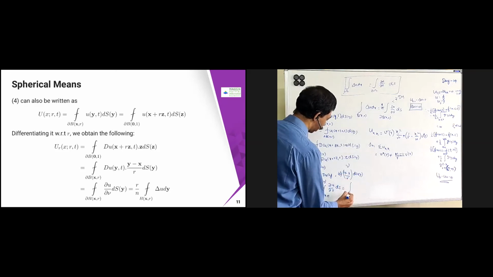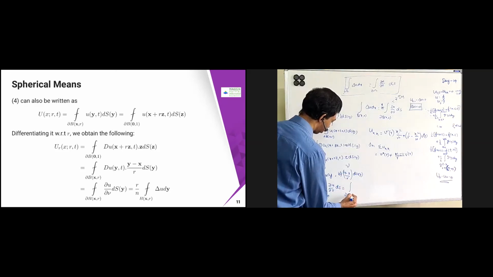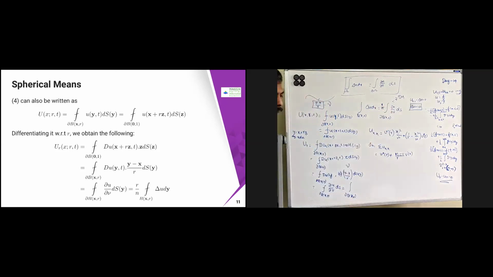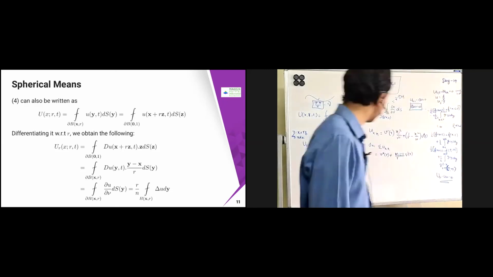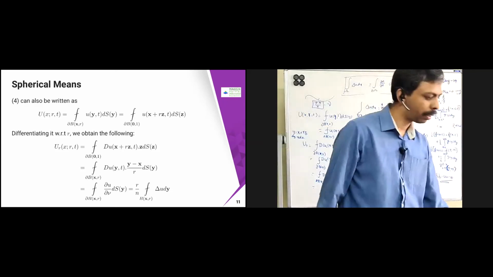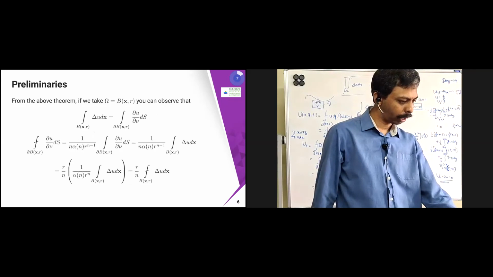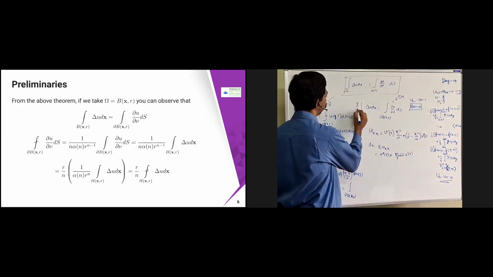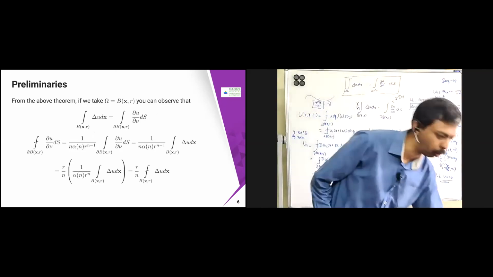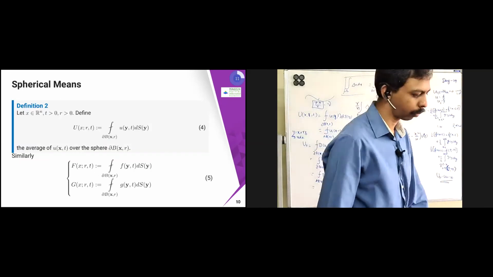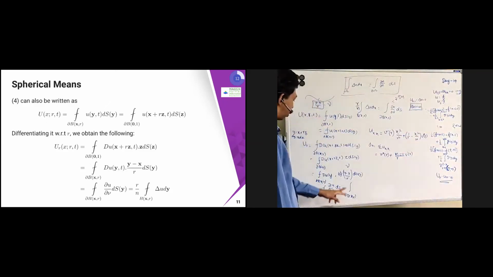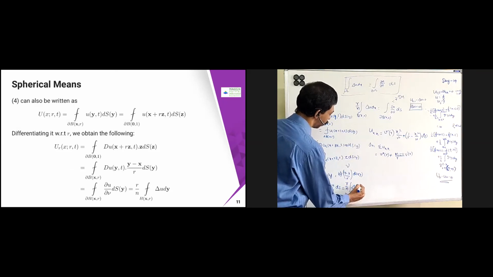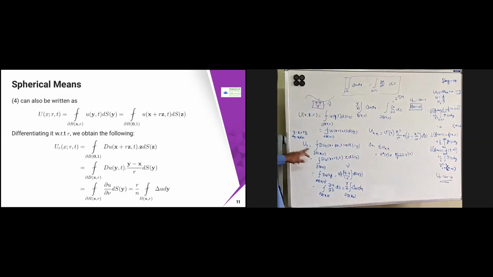So this becomes dou B of x, r, into dou u by dou nu. Let me see whether I got it correctly. This is not here, this is here: r by n del u dx equal to dou u by dou nu. So what you are going to get is r by n del u dx, which is nothing but your u r.